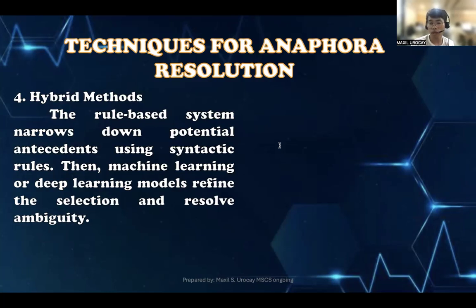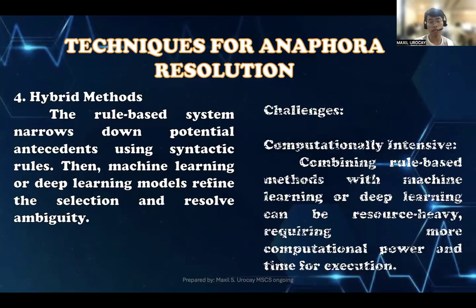This is really powerful since you are able to combine two methods. If one model is not good enough, we can combine them, and that could strengthen your implementation. Now, the challenges of this approach: it is computationally intensive.